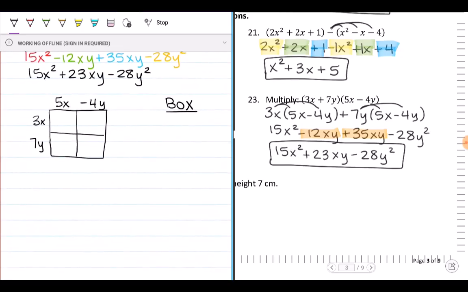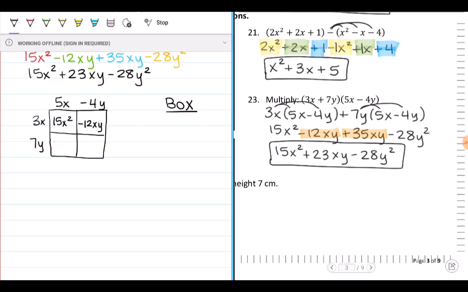So 3x times 5x would give me 15x squared. And then 3x times negative 4y would be negative 12xy. And essentially what you're doing is finding the area of each little box. And then at the end, you want to add up all of those little areas to find the total area of the box. So they call this kind of an area diagram.